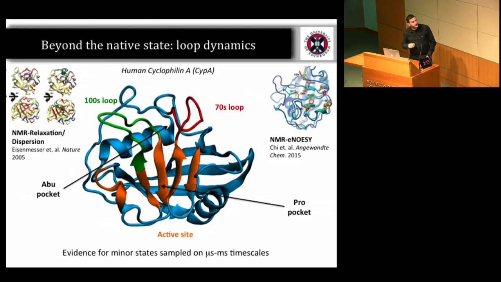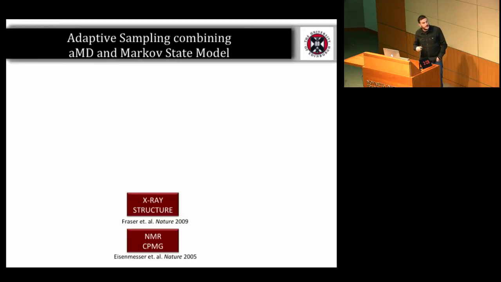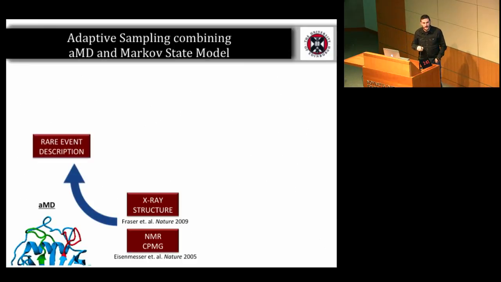The problem, of course, that we have to face is that the transitions to these minor states are occurring in very long timescales, so when we started the project, we didn't have a clear idea how we could sample these transitions. So what we did was try to combine all the information we had. We started from the X-ray and some CPMG measurements published by Kern's group to set up a set of accelerated MD trajectories that would help us focus the sampling into the regions that were highlighted by the NMR experiment.